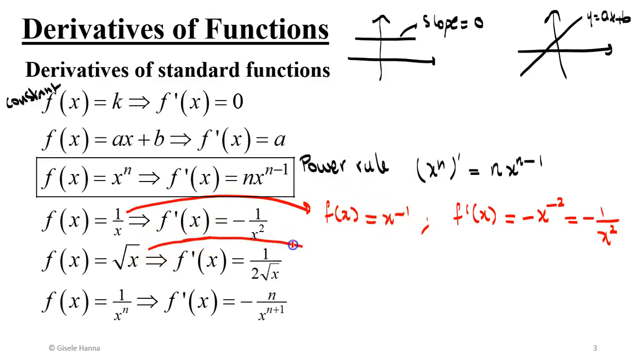Similarly here, for f of x equal to square root of x, you'd notice the derivative is 1 over 2 square root of x. Now, why is it so? Because if f of x is square root of x, then f of x can be written as x to the half. So I could still apply the power rule for n equals half.